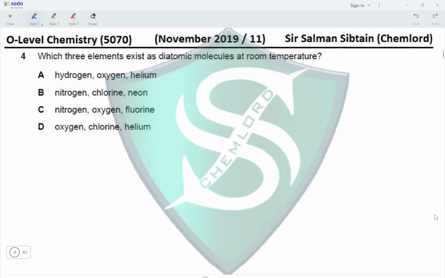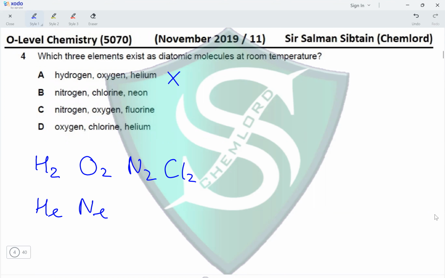Question 4. Which three elements exist as diatomic molecules at room temperature? Okay, hydrogen, diatomic, oxygen, diatomic, helium, monoatomic. So helium causes this answer to be incorrect. Next, nitrogen, diatomic, chlorine, diatomic, neon, monoatomic. So this becomes incorrect as well.